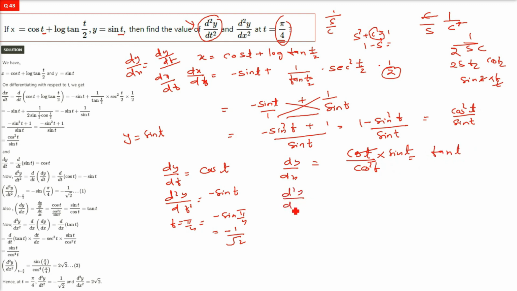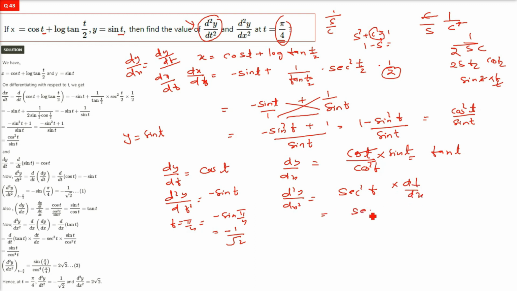So d2y by dx2 is equal to, see, when we differentiate it, we have to include the dt by dx also. That is, when you do d2y by dx2, tan t differentiation will be sec square t, and since it is with respect to x, you have to introduce dt by dx also.